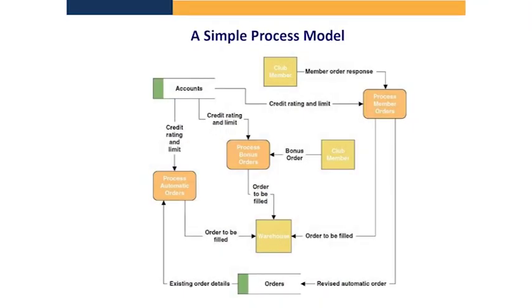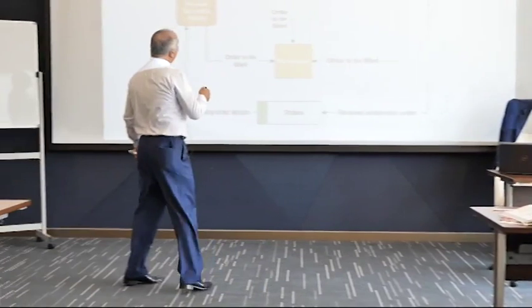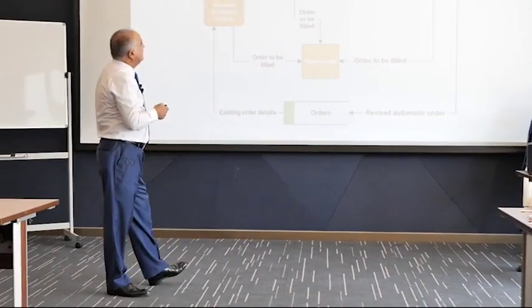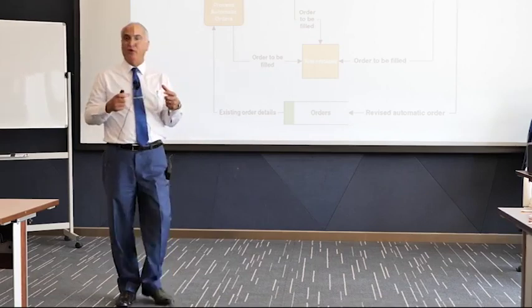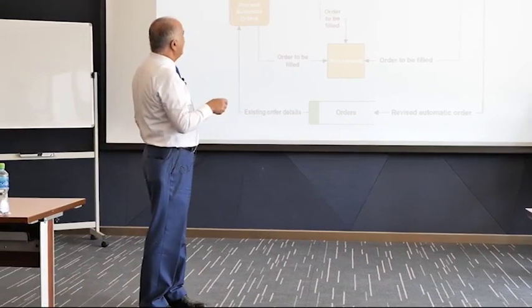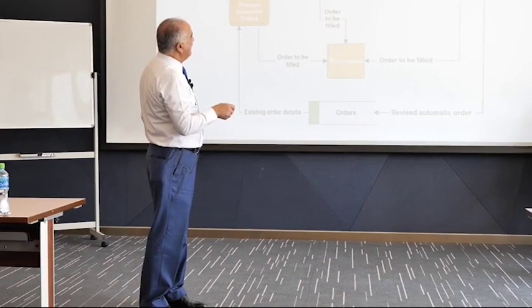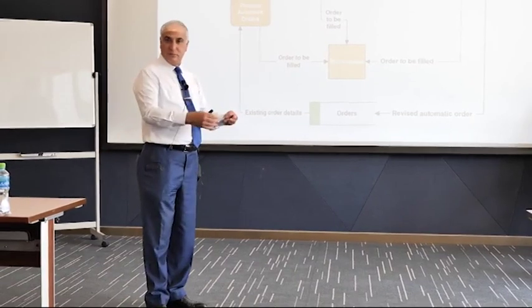This is a simple data flow diagram. What we have here is a simple process, which is a club member. Somebody has a membership, and this club member is placing an order.